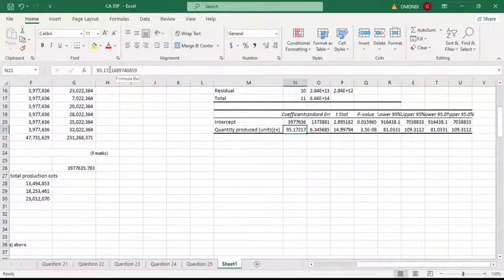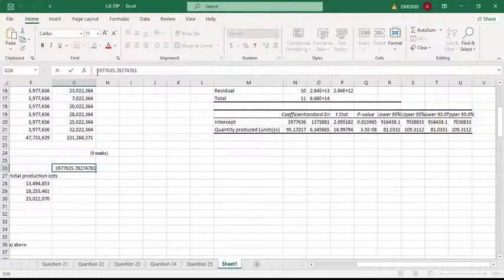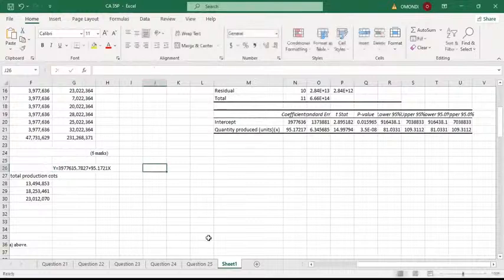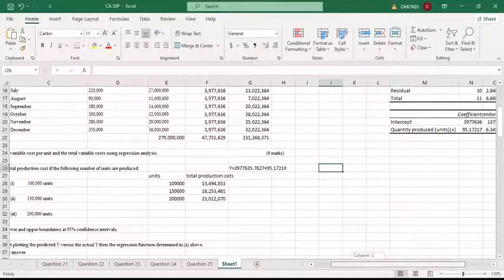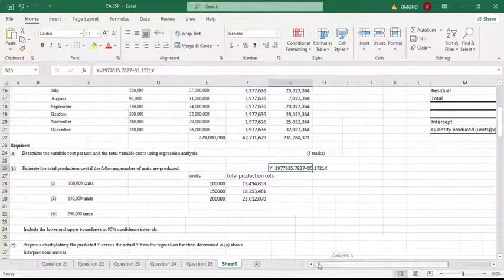So we can have even this one here: y is equal to a plus bx. So what is the value of b? That is what we have. That is the function which we have. So by using this function, we've been able to create these costs here.